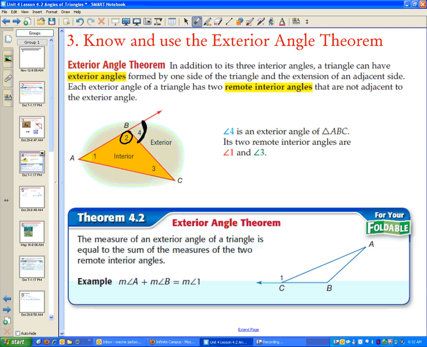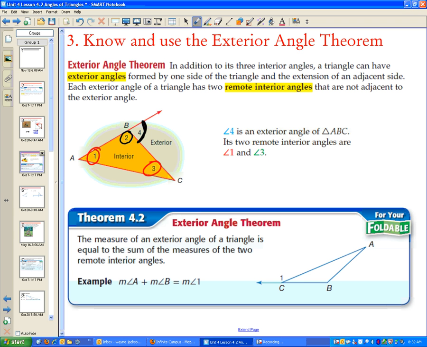Angle 2 is adjacent to angle 4. So there's one adjacent interior angle. What's the relationship between those 2 adjacent angles, angle 2 and angle 4? They're supplementary because they make a linear pair. Okay? So there's one adjacent interior angle, which means there are 2, count them, 2 remote interior angles.